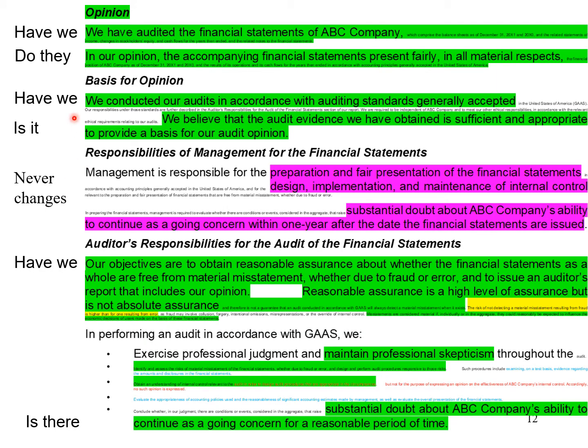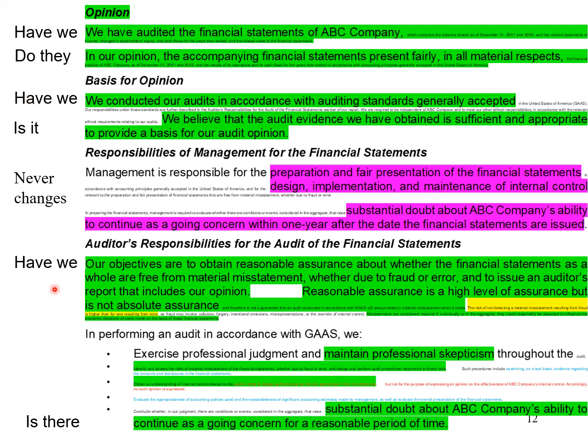Have we audited? Yes. Do the financial statements, in our opinion, present fairly in all material respects? Yes. Okay. Have we conducted our audit in accordance? Yes. Is the audit evidence sufficient and appropriate to provide a basis for our opinion? Yes.